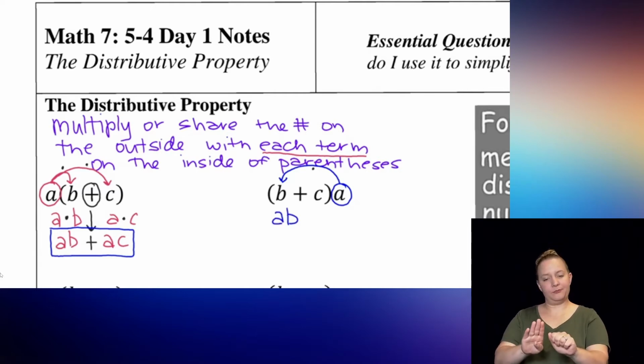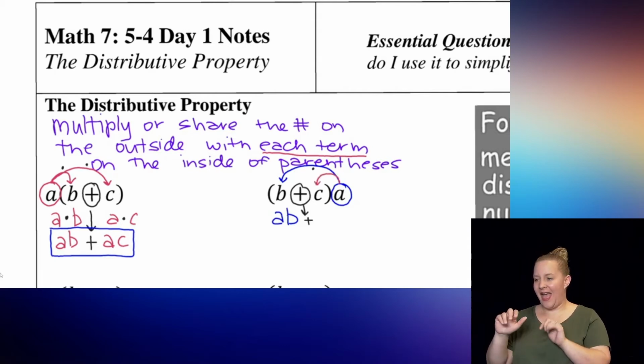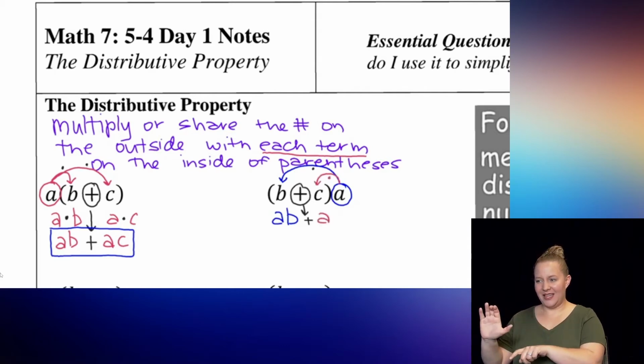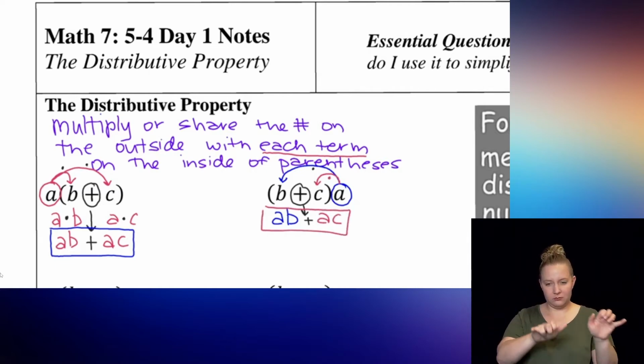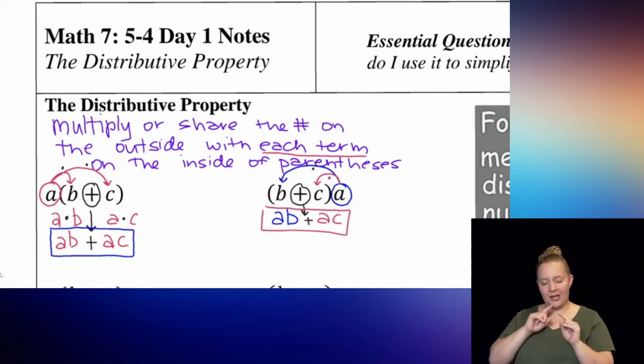And then again, we're going to bring down our plus sign right here. So I have plus, and then I take A times C, multiplying, so therefore AC. So there I end up with the exact same final answer as I did with the other symbols, because obviously I am distributing the same letter A. Using the commutative property, I know that when I switch those two things around, it doesn't change the value.